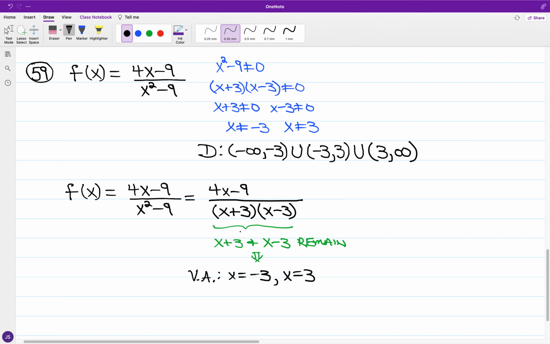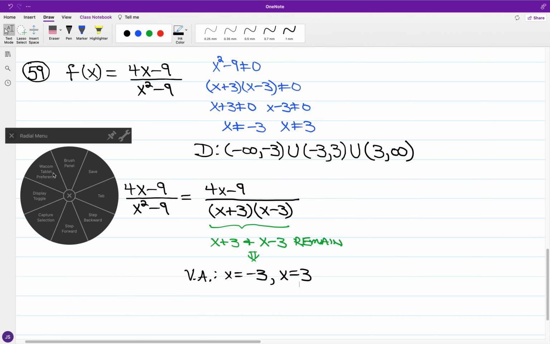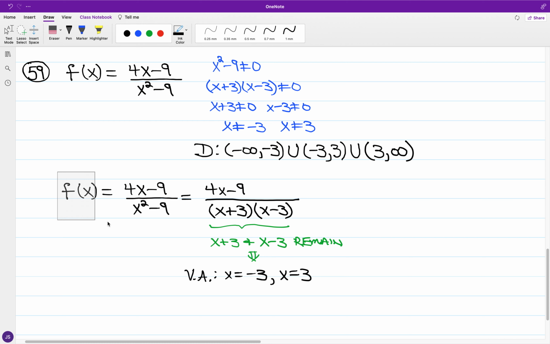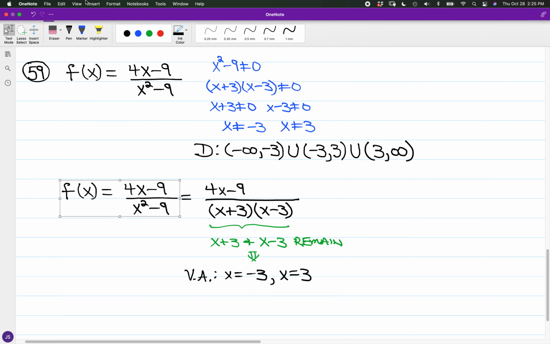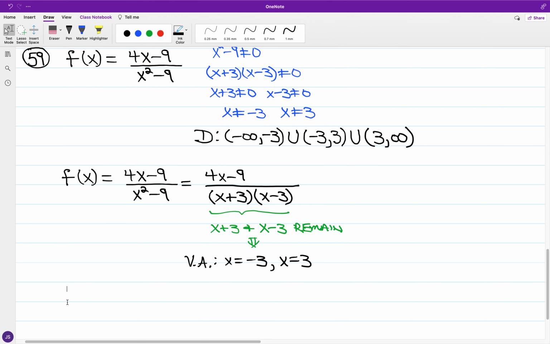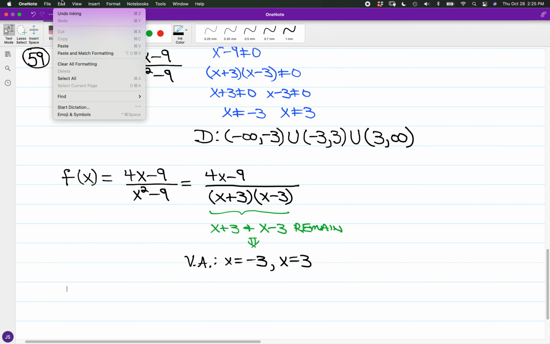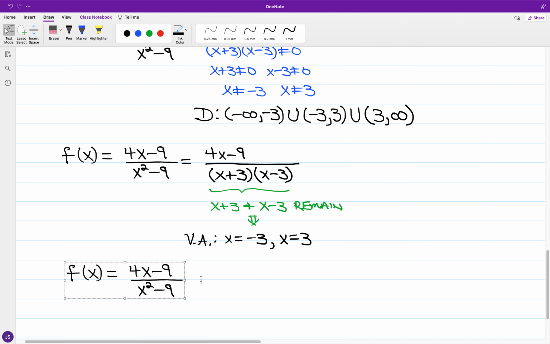And for any other asymptote, we have 4x minus 9 over x squared minus 9. The 4x is the higher order term in the numerator, and that's first order. In the denominator, x squared is the higher degree term.